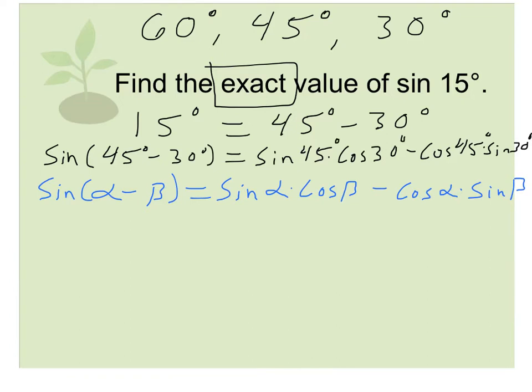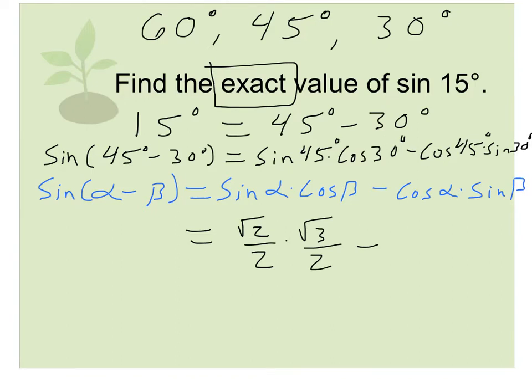Now what this has done for us over on the right is all of those trig values are ones that we know, because I've related 15 degrees back to a difference of 45 and 30, and using the formula, I've now got it as 4 trig functions that I can get exact values for. For example, the sine of 45 degrees is the square root of 2 over 2. Cosine of 30, you could certainly feel free here to refer to a unit circle if you needed to. That's the square root of 3 over 2.